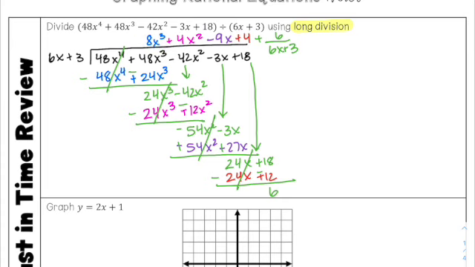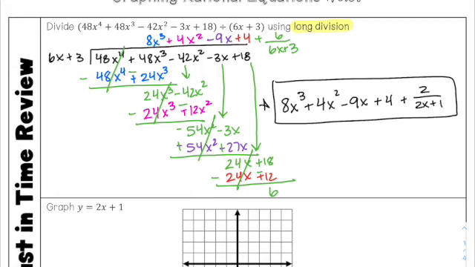So I'll have 8x cubed plus 4x squared minus 9x plus 4. And then if I look at the remainder fraction, I can reduce this. 3 goes into all three of these terms here. And so when I do that, I get 2 over 2x plus 1. This is my answer.